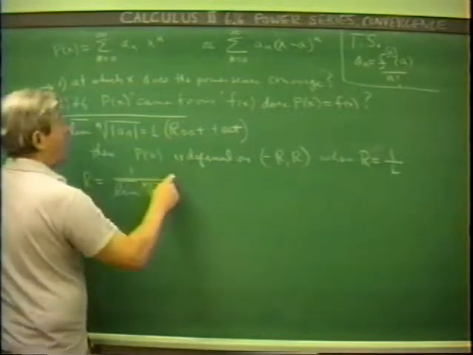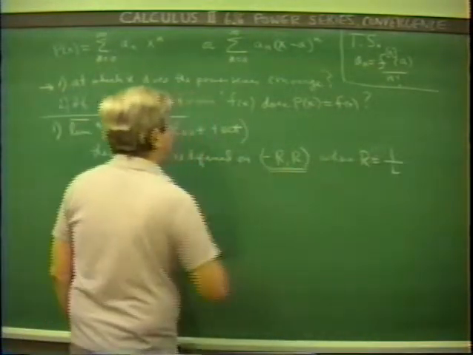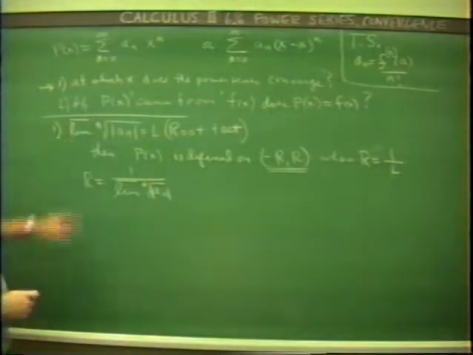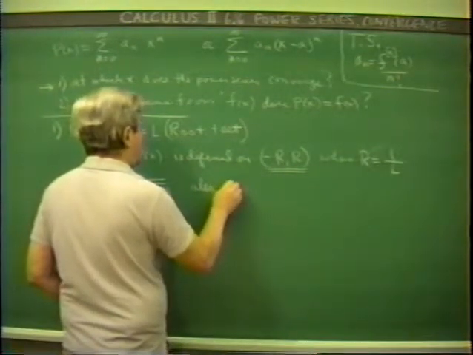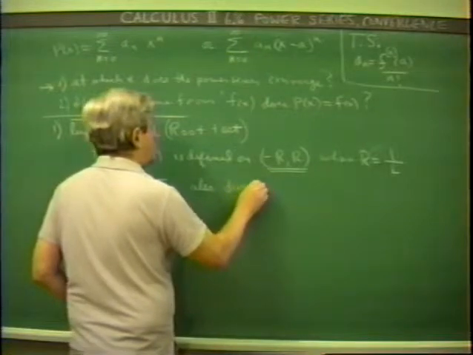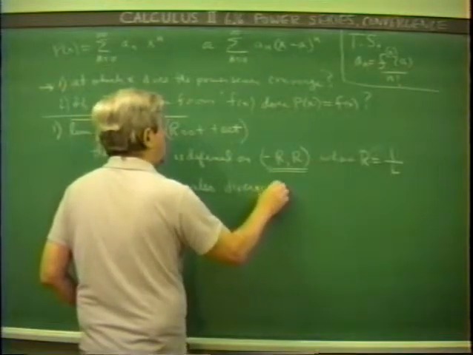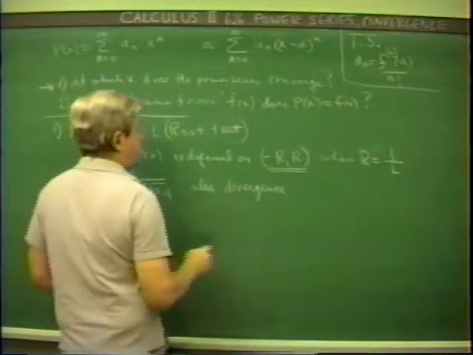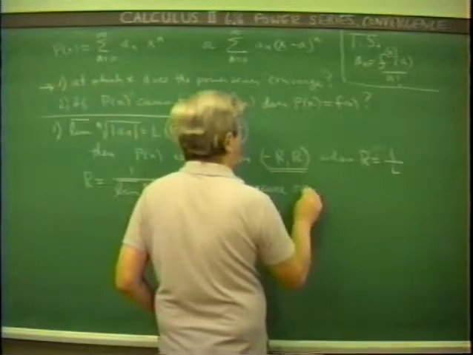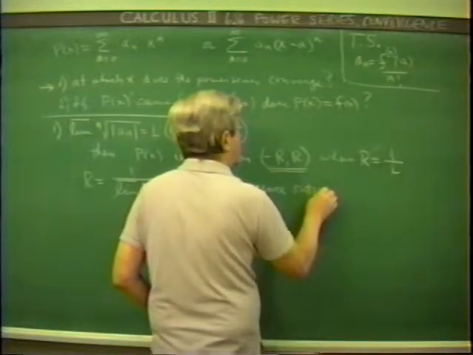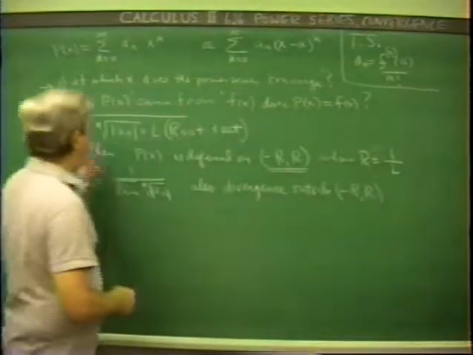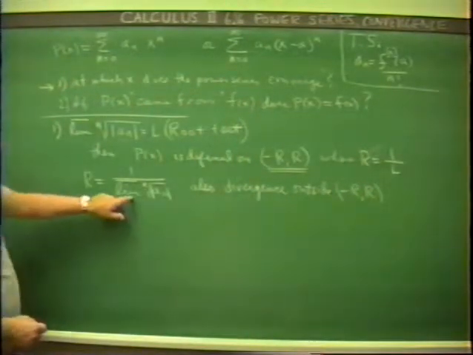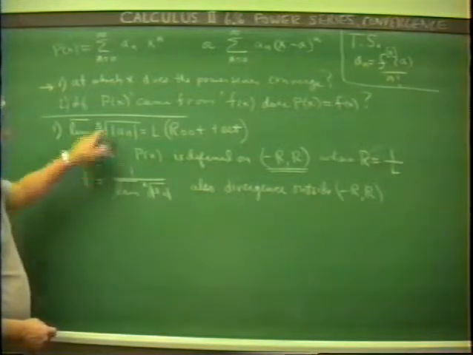So to find out what the radius of convergence is here, or on what interval you've got convergence, you use the root test. But also, the power series diverges outside minus r to r. Anything that's outside of minus r to r, you've got divergence.